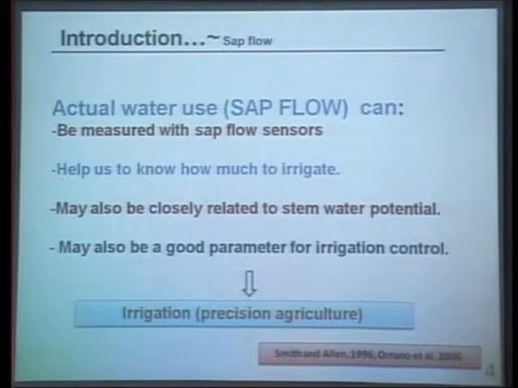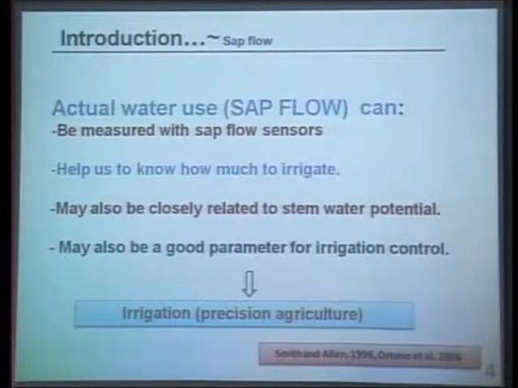It can help us know how much water is needed to irrigate a particular orchard. It may also be closely related to stem water potential. It may also be a good parameter for our irrigation control, so that we can develop an irrigation protocol to fine tune irrigation for precision agriculture.